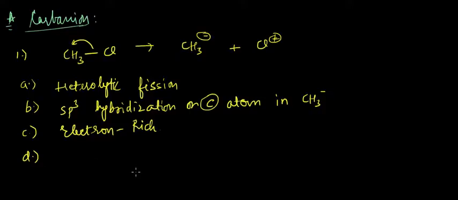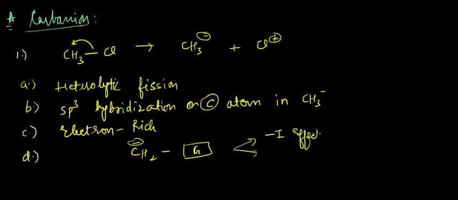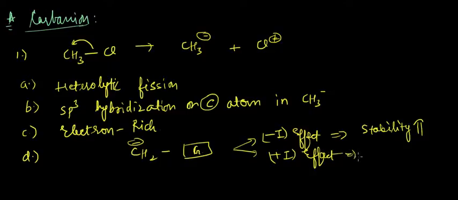Fourth point is, if we have an attached group to CH2 minus, let's suppose this is the attached group G. If G has a minus I effect, then this implies the stability of the carbanion increases, and if G has a plus I effect, then stability would decrease.